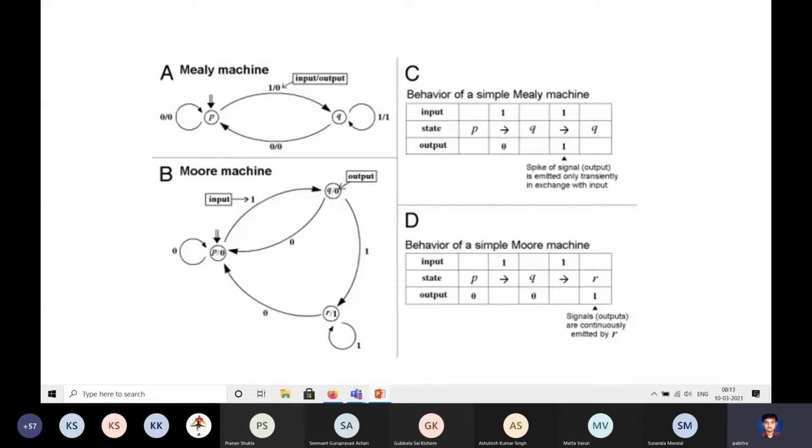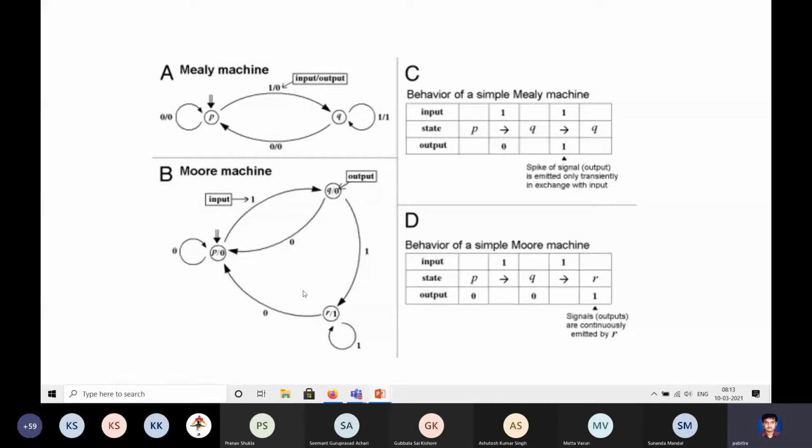The outputs are also associated with the edges. In circuit terms, this means you get an output instantaneously on receiving an input, at the same moment. The important fact is that the outputs are associated with the edges, which means that output happens on input.